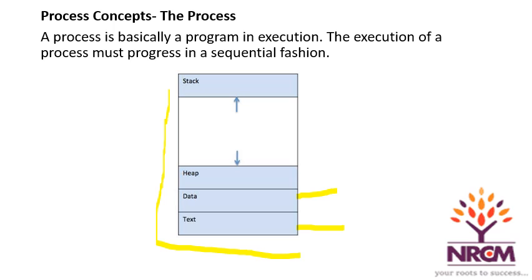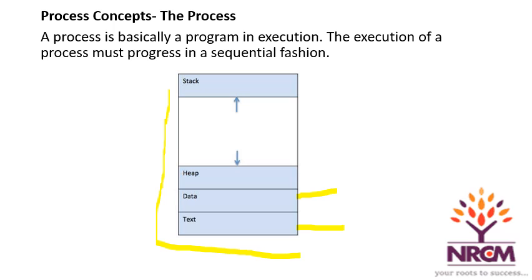Static variables are variables which are declared at compile time and remain until the complete run of the program. The values assigned to static variables are preserved. And global variables have a global scope all over the program, and can be accessed anywhere throughout the program. So this is all about data.